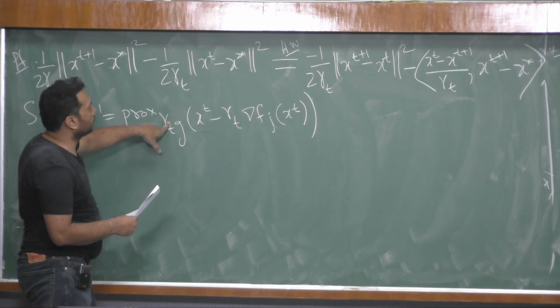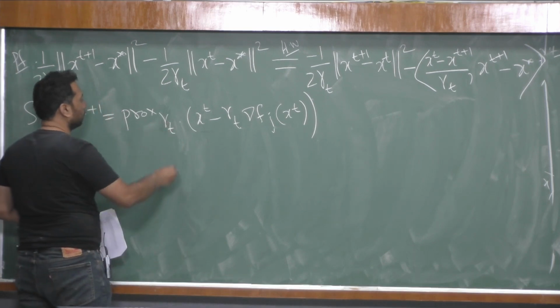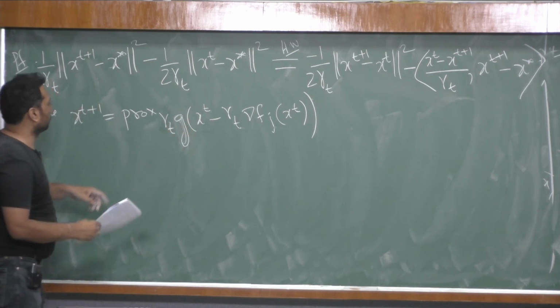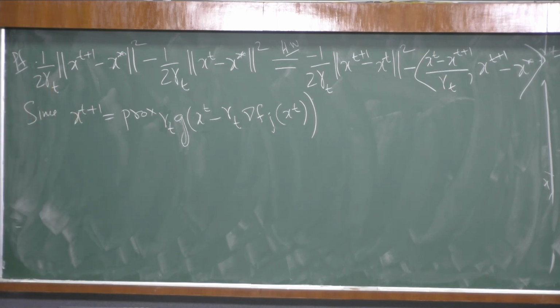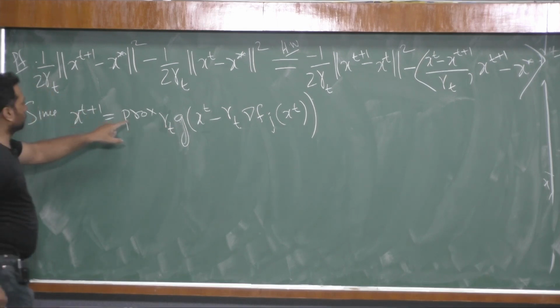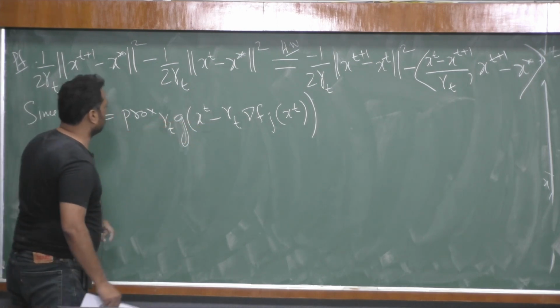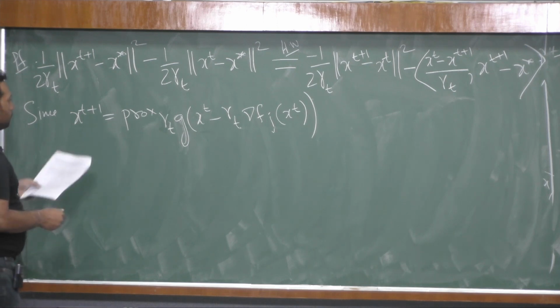Why did I write t here? t is for the gamma, so it should be gamma t times g. Gamma t is the step length varying with t, and that's exactly the algorithm we have. There was a result that if p is the proximal of x, then x minus p is in the subdifferential of g. We have done all this. These are properties of the subdifferential, so we will use that.